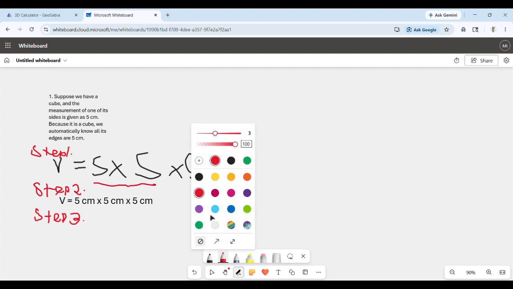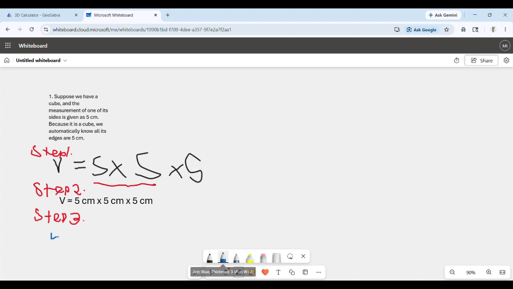We will change the color to blue. 5 times 5 is equals to 25. Right? Am I correct? So 25. Now what is 25 times 5?